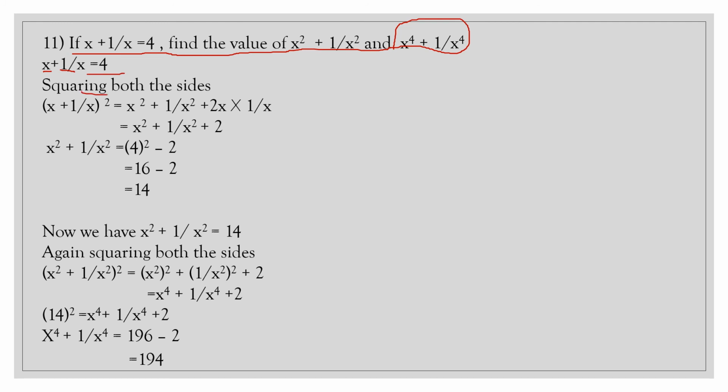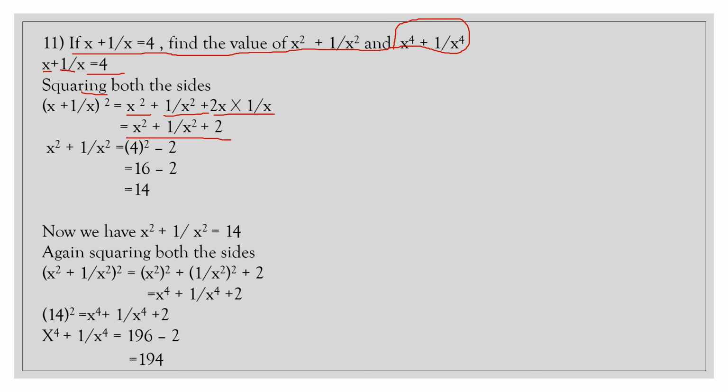Squaring both the sides, x plus 1 by x whole square is equal to x square plus 1 by x square plus 2 into x into 1 by x.